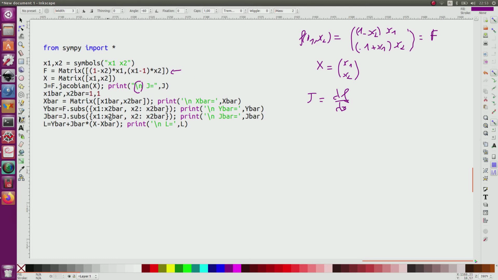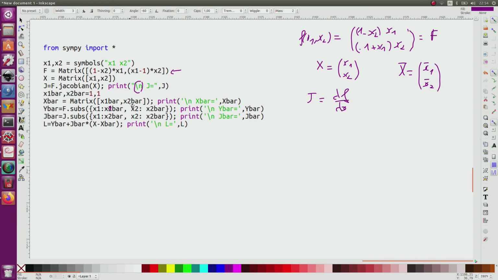Now I want to differentiate near x1 bar, x2 bar, which are both equal to 1, as we have seen previously. So x bar will correspond to the vector x bar 1, x bar 2. So y bar corresponds to f, and I will substitute x1 by x1 bar.